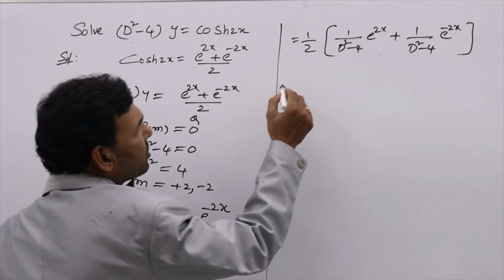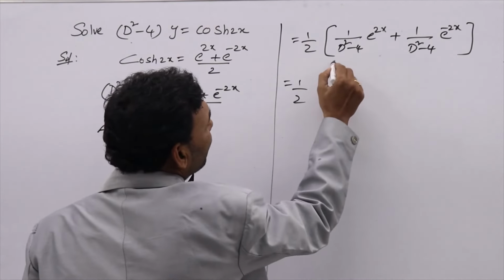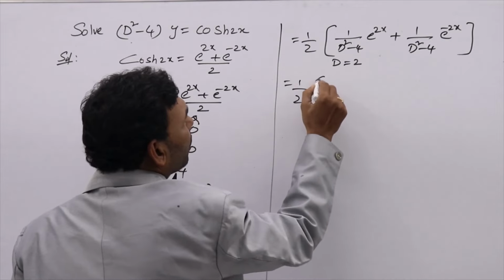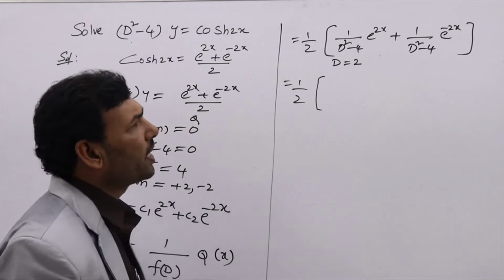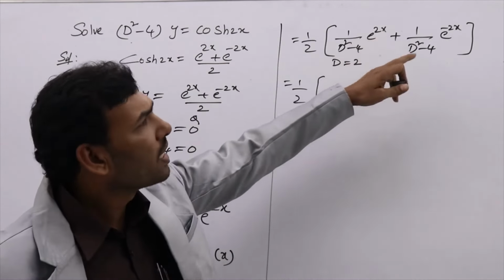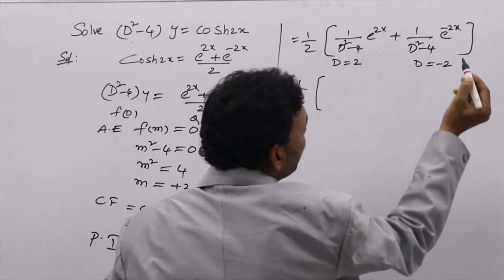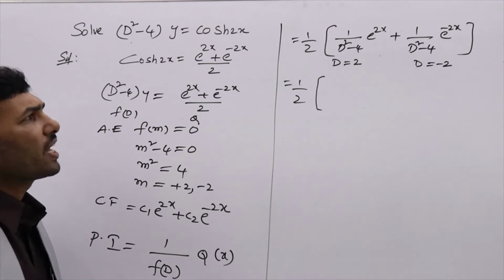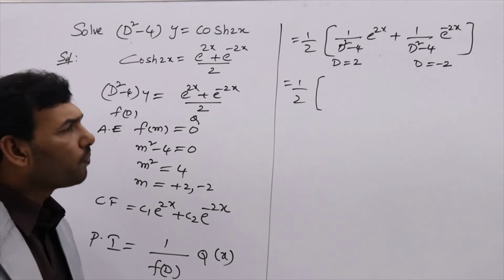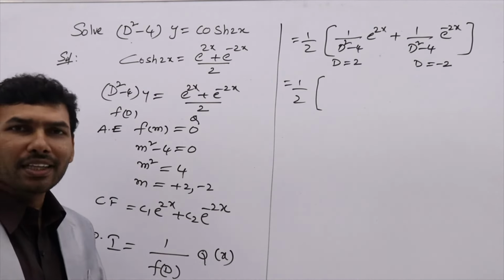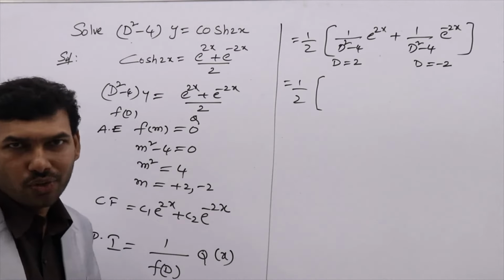In the first case, you need to write 2 in the place of D. In the second case, you need to write minus 2 in the place of D.